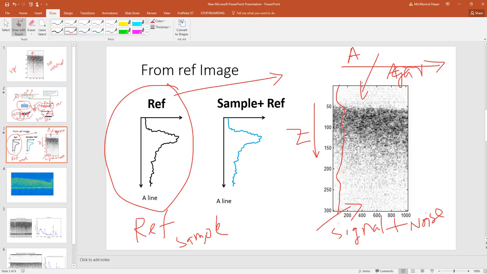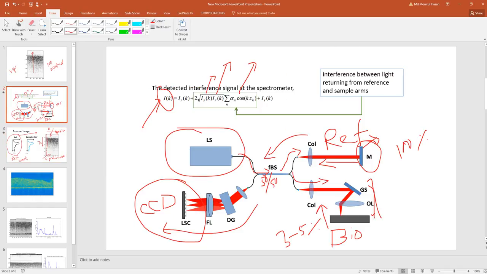But one thing is that if your system is shot noise limited, the total amount of noise depends on how much power the CCD is detecting. Although the biological sample is sending back 3 to 5% of the light, within this 3 to 5% the camera is also detecting some noise.